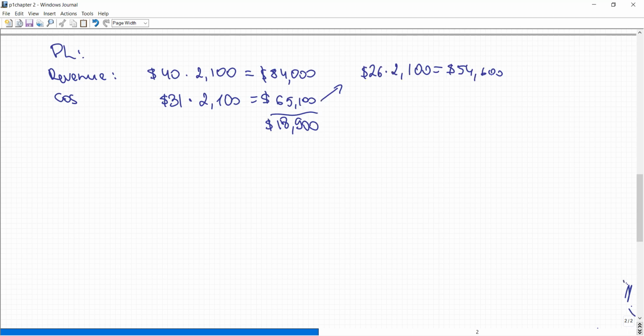But for supervisor, we paid 10,000 because that's their salary. We agreed on that. So our total cost paid was 64,600. So what does it mean?